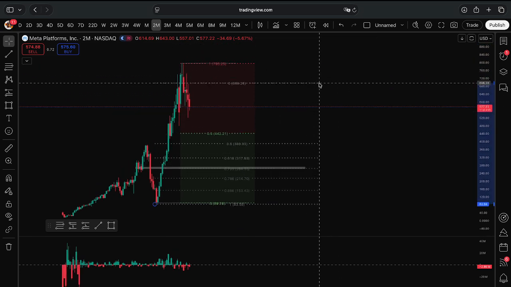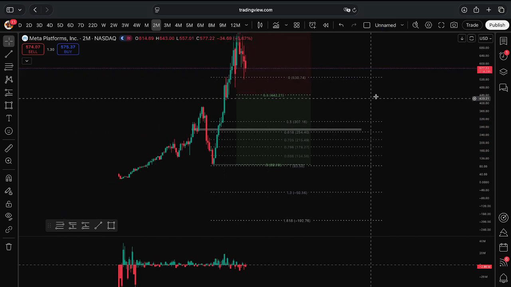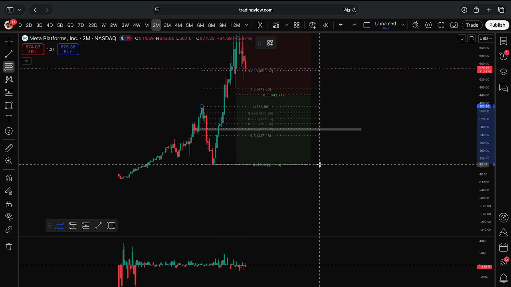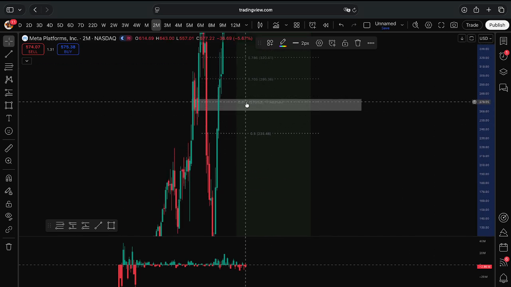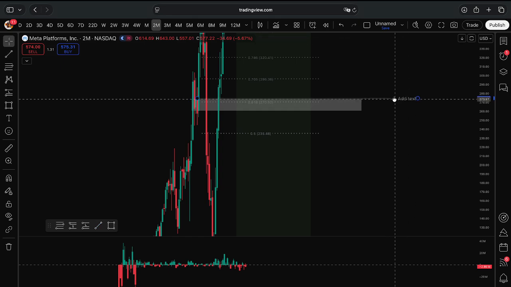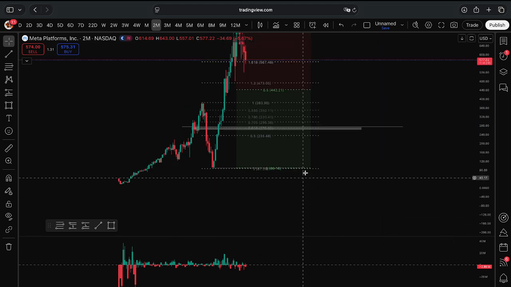Usually what I look at is, for example, one of the first highs, or we can also take from this high to this low, this swing, and see it's aligning with the GP. So probably if I would have to buy this stock here, I would look at 200. I would probably buy it long term somewhere around here.